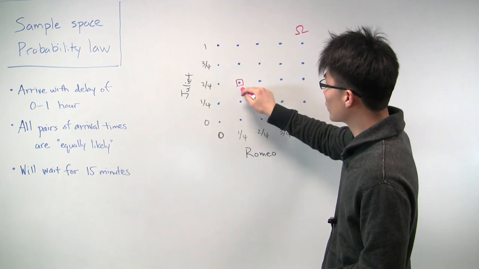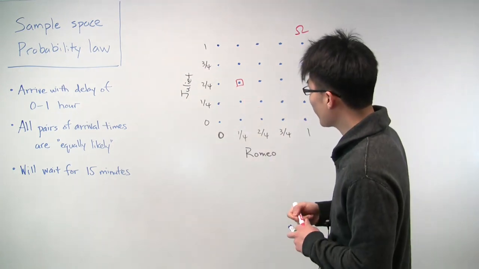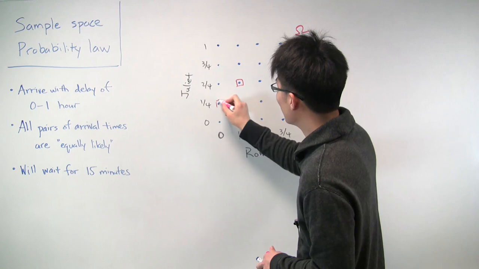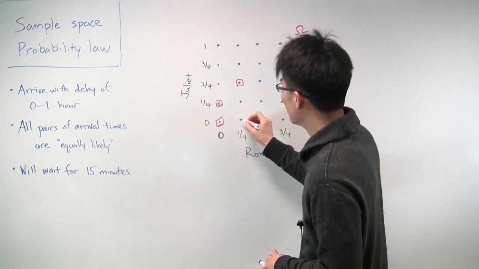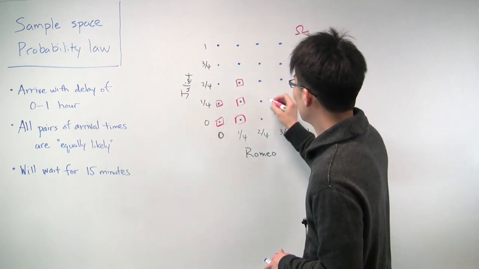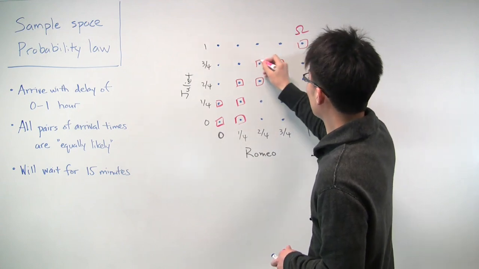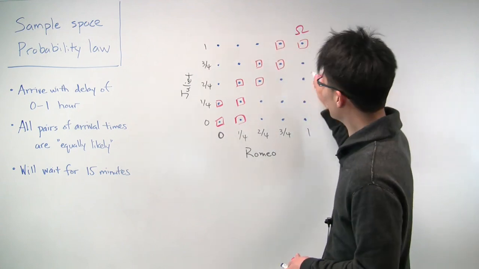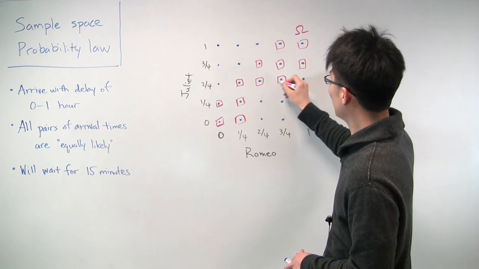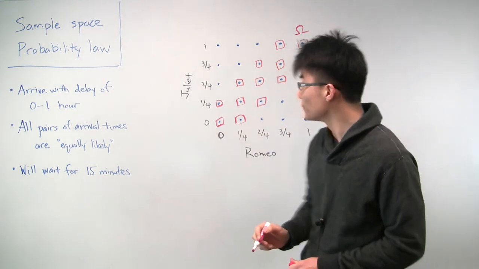So this outcome does result in the two of them meeting. And so we can highlight all of these. It turns out that these outcomes that I'm highlighting result in the two of them arriving within 15 minutes of each other.